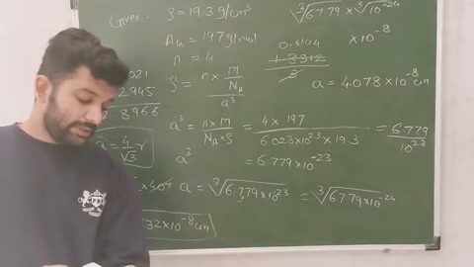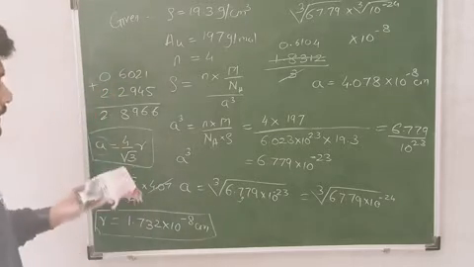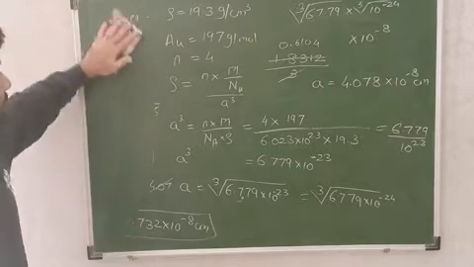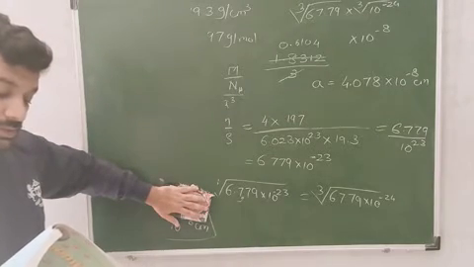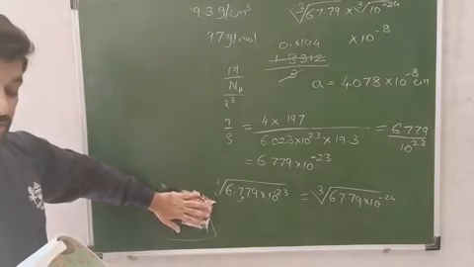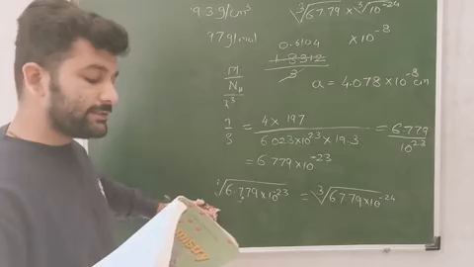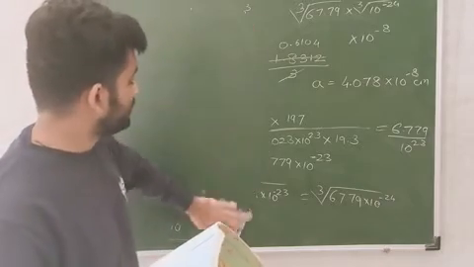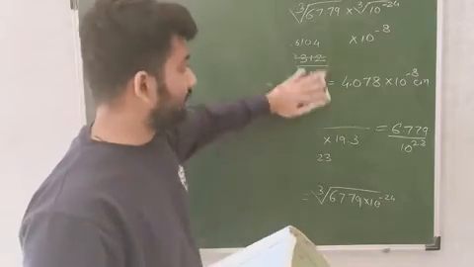An element germanium crystallizes in BCC structure with edge length of 288 picometers, and the density of unit cell is 7.2 gram per centimeter cube.